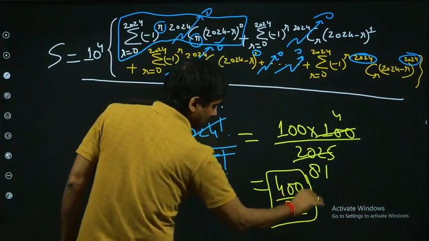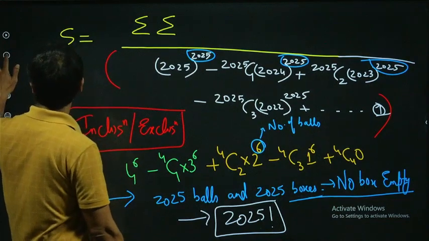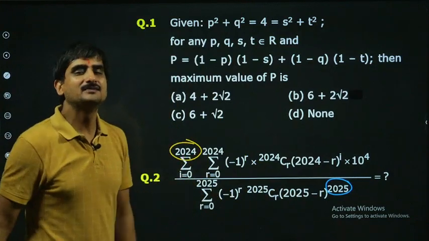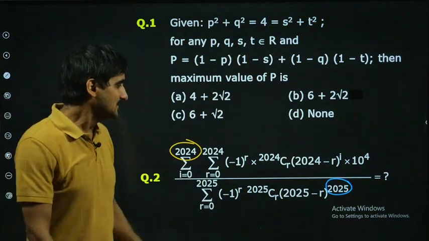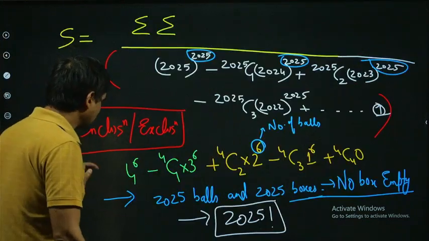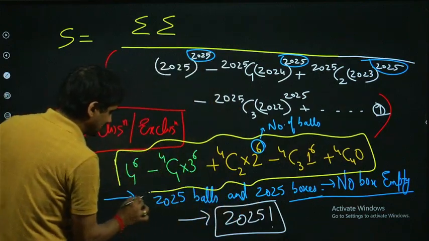So the answer, of course, for me is not important. The series is really the important one, the way we connected it with the inclusion exclusion principle of permutation and combination. So now keep that in your mind, that expansion, how that inclusion exclusion principle expression looks like.